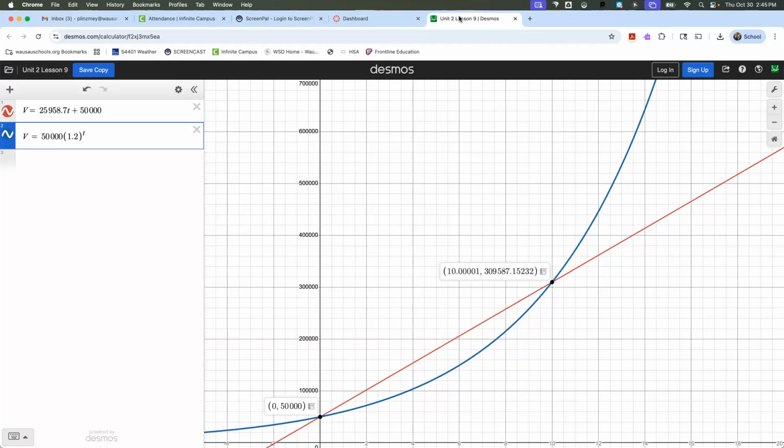So the average rate of change on the red line was $25,958.7 per year. What's the average rate of change for the blue curve? In dollars. You have all the information. You have the same information on your paper. Truly, you didn't need to see the graph in order to answer this question.